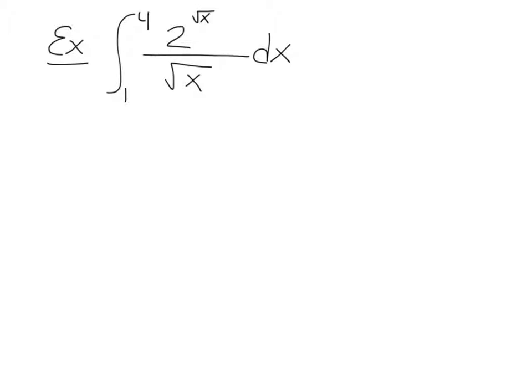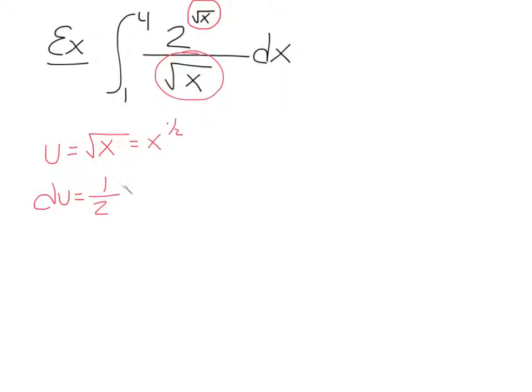And again, there's a relationship between taking the derivative of a root x and dividing by a root x. We need to remember that if u is the square root of x, which is the case here, the derivative of u, because remember this is just x to the 1/2 power, will be 1/2 x to the negative 1/2 power. Or if I rewrite it, we have 1 over 2 root x dx.